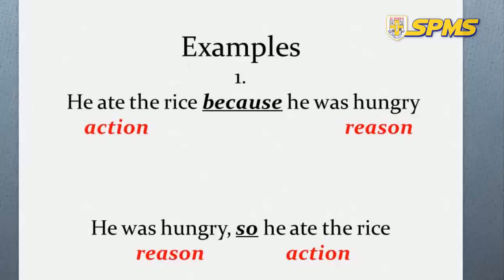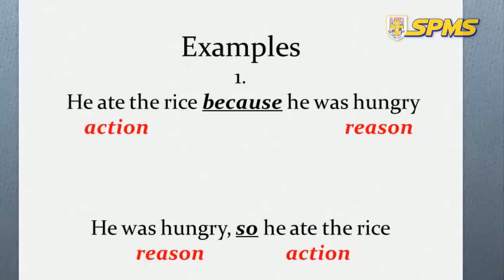If we look at this critically, we realize that with the use of because, the action comes before the reason. He ate the rice is the action. And what was the reason? He was hungry.